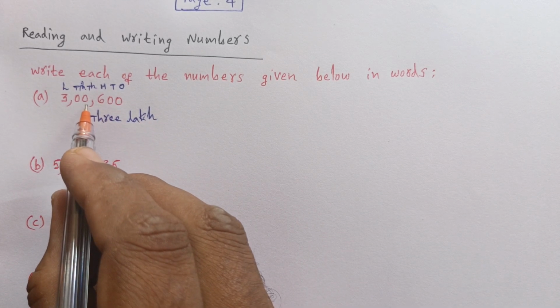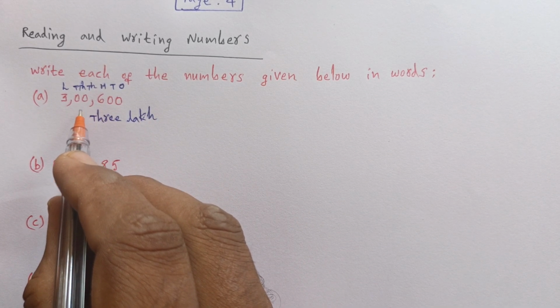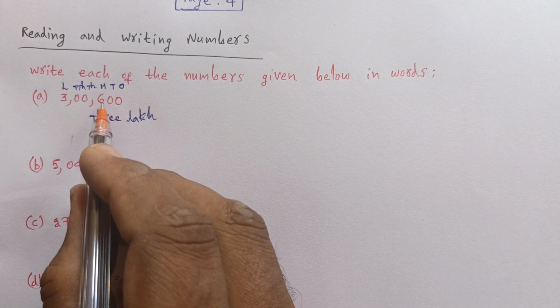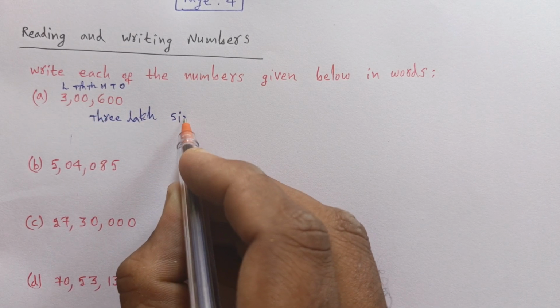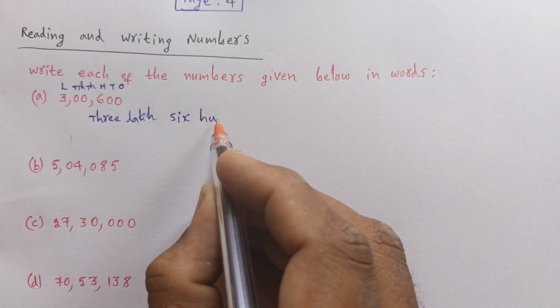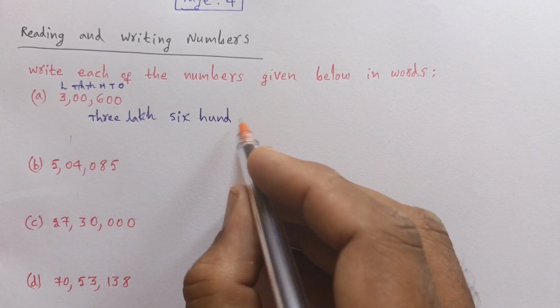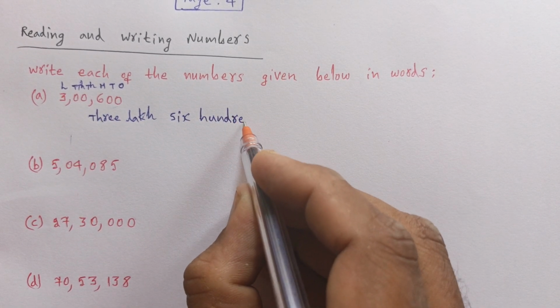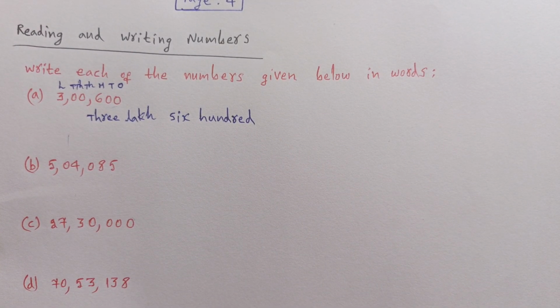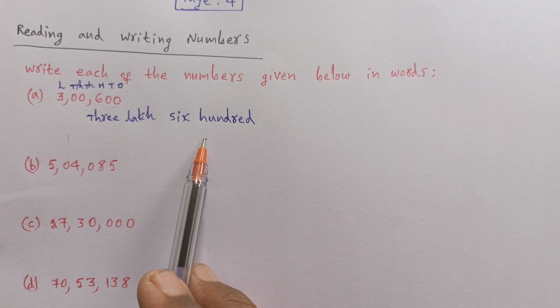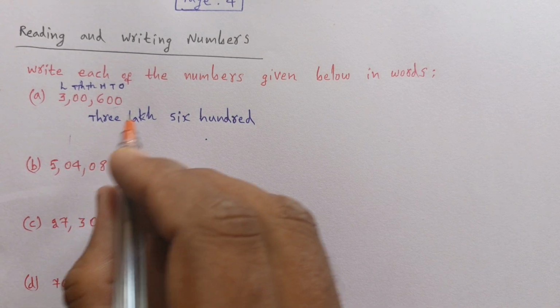Here in the 10,000 place, zeros are there, so no need to write. In the hundreds place 6 is there, so it is 3 lakh 600. And in the tens and ones places nothing is there, so you can leave it. So this is the first answer, 3 lakh 600.